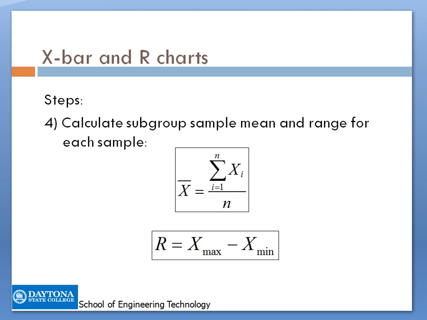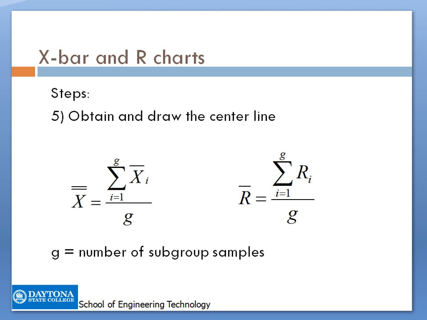And the way that we calculate the mean is the sum of those different measurements divided by the sample size of that subgroup. And the range is always the maximum minus the minimum value for that subgroup sample.